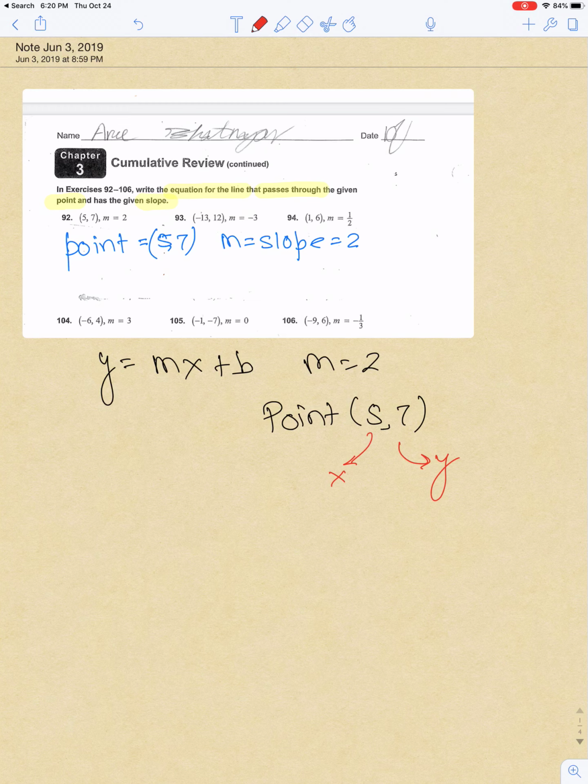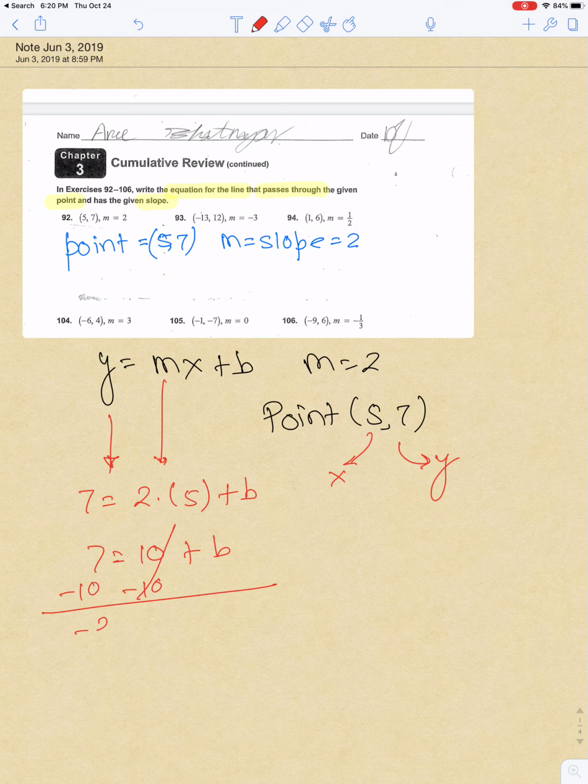That means I can substitute y 7 equal slope 2, x value is 5 plus b. I do not know b. So 7 equal 10 plus b. Minus 10, it cancels out, minus 3, b. That means, therefore, b equal minus 3.